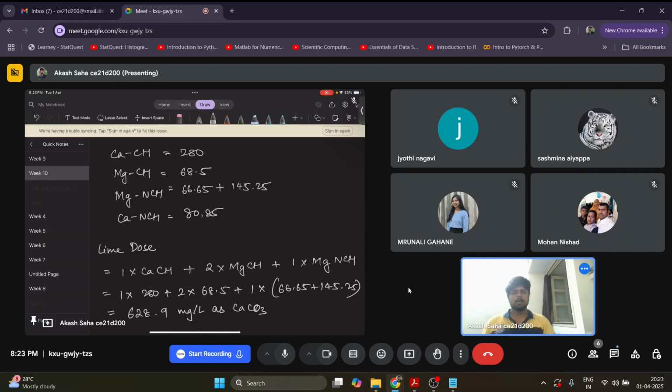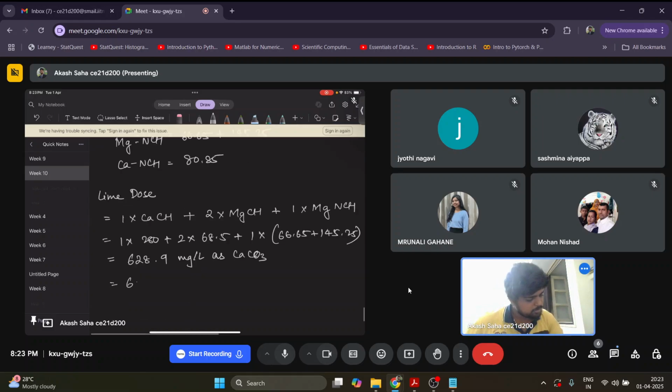Okay, same unit. But now we have to find the lime dose, so we have to find the concentration in terms of lime. From milligram per liter as CaCO3, we have to convert back to the dose of lime. To convert to milligram per liter as CaCO3, we were dividing by the equivalent weight and multiplying by 50, the equivalent weight of CaCO3.